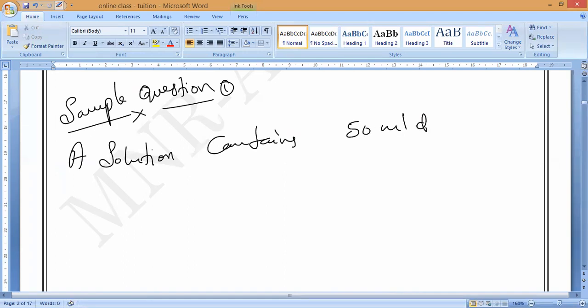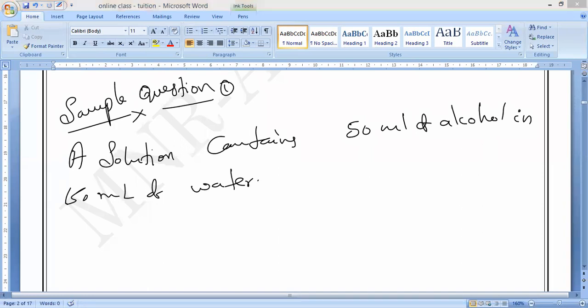Calculate the concentration of the solution.